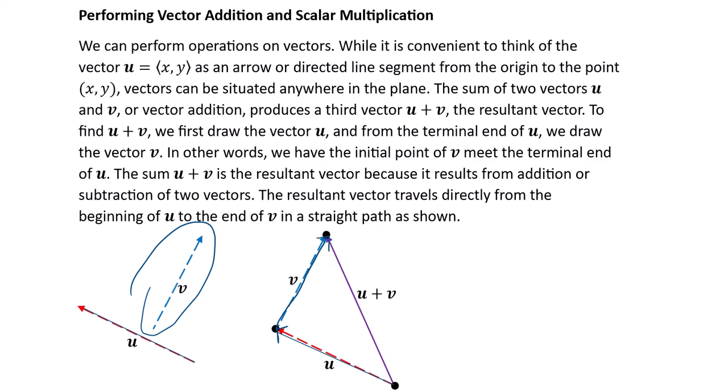And wherever we stop, that is the terminal point for u plus v. The beginning point is where we started in all of this, at the beginning of u. So this here is our vector u plus v, the resultant vector.